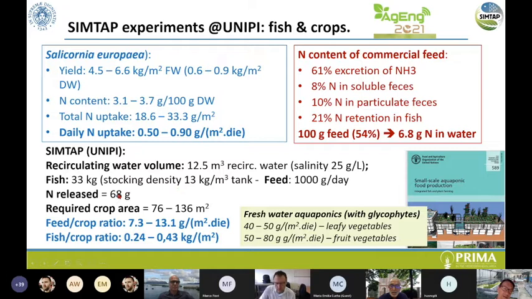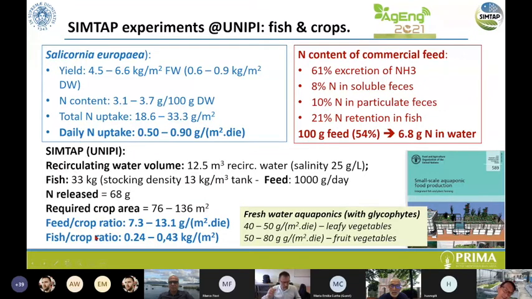This means that the nitrogen released is about 70 grams, and we would need from 80 to 140 square meters of Salicornia to remove this nitrogen. So the feed crop ratio is between 7 and 13 grams per square meter per day.